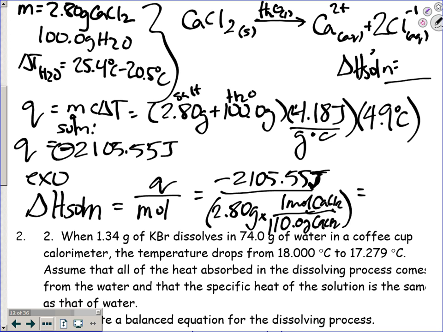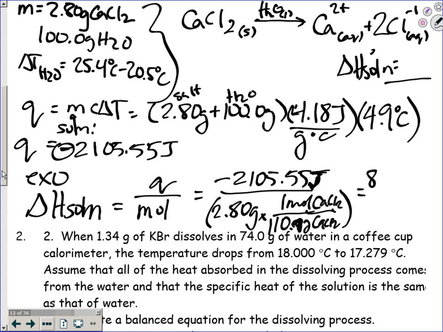Okay, so let me just get a quick answer first, Cassie. Answer here, guys. It's like what? I got 83.18 kilojoules. Did you get that too? Okay. When I divided, I did 110.9 when I actually did this the first time.